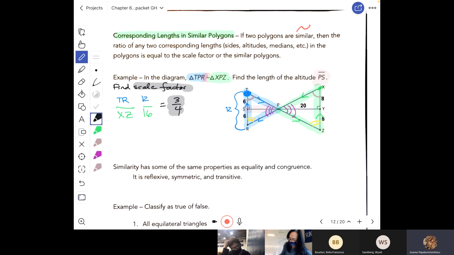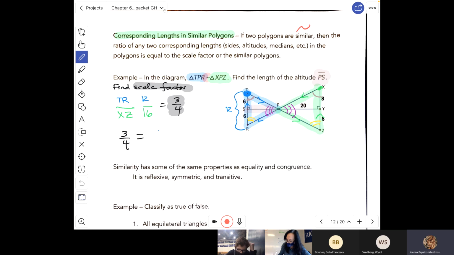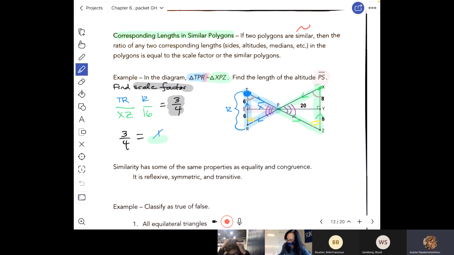So I'm going to use that scale factor and set that equal to, well, I'm looking for PS. Let's call that X. And that corresponds to what value in the green triangle? 20.